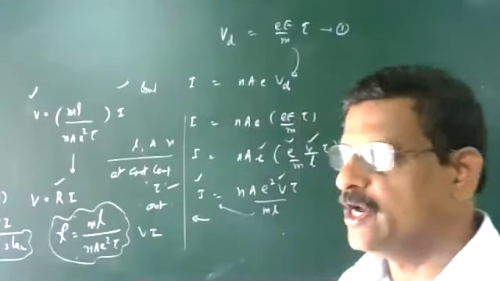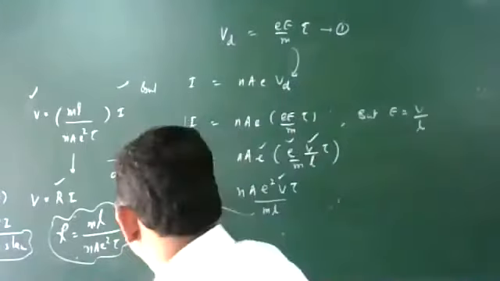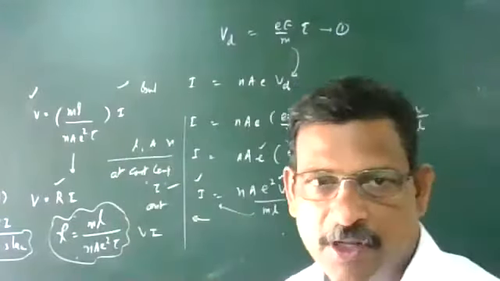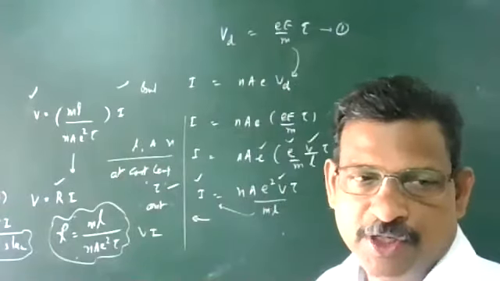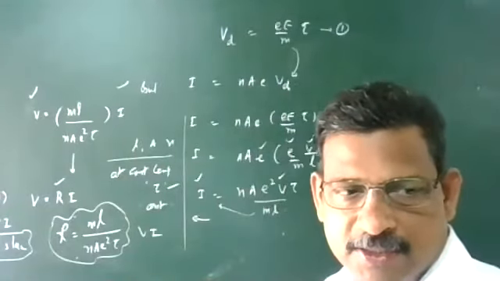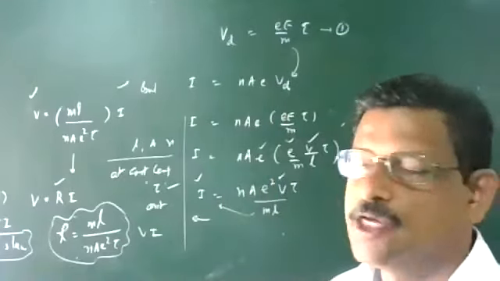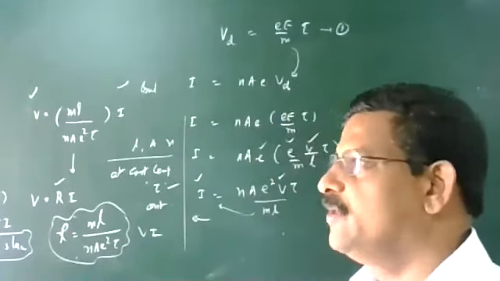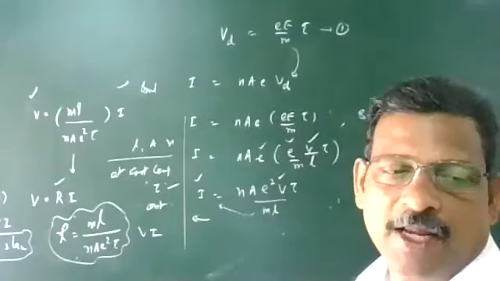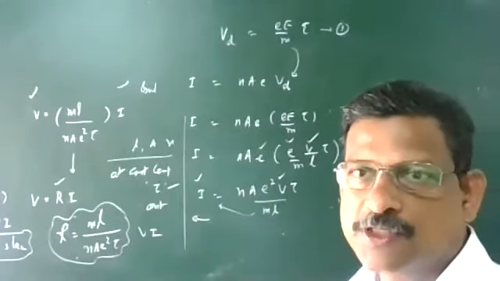And when you specify at constant temperature, so relaxation time होता है, that depends upon only the temperature, so τ constant है. So under these conditions, V equals R into I, a constant. That constant we write as R, that is mL upon nAe²τ, the resistance.